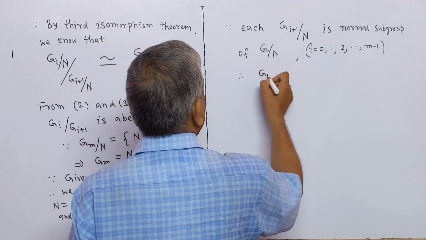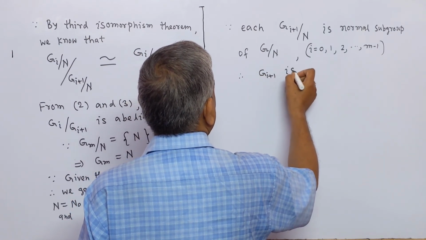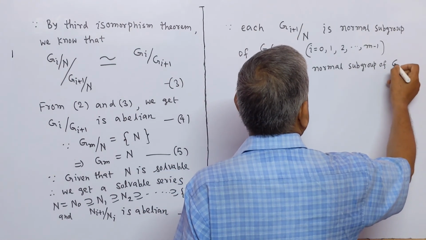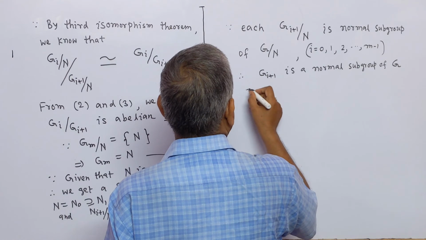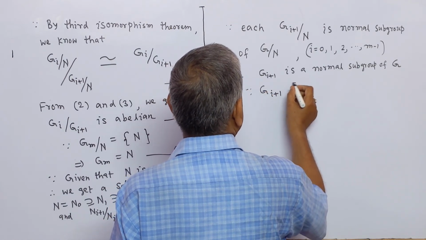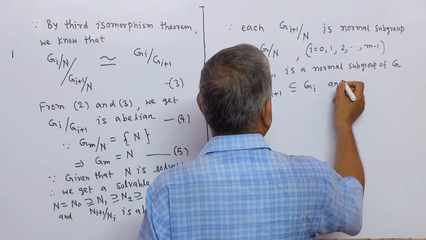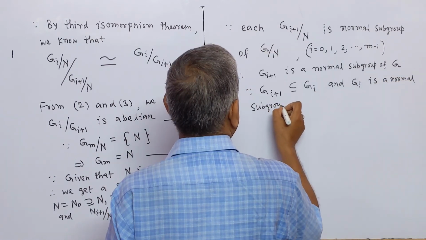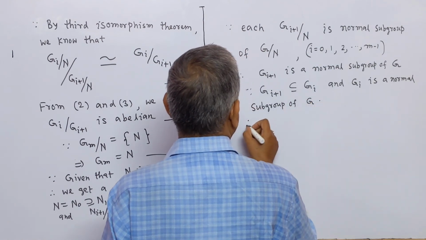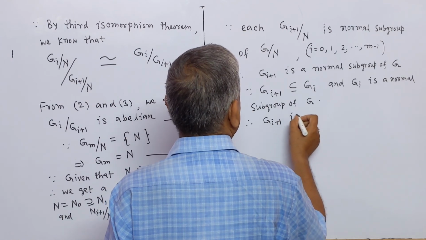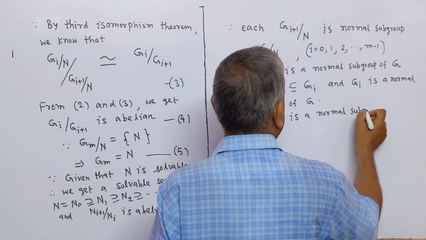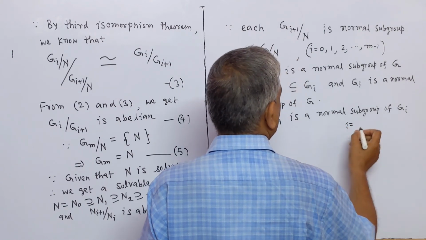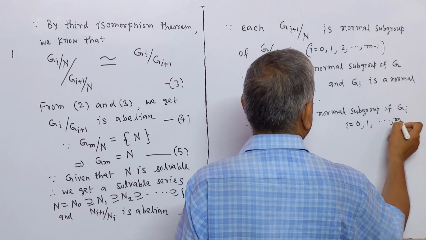Therefore, Gi plus 1 is a normal subgroup of G. Since Gi plus 1 is a subset of Gi and Gi is a normal subgroup of G, therefore Gi plus 1 is a normal subgroup of Gi, i equal to 0, 1, up to m minus 1.